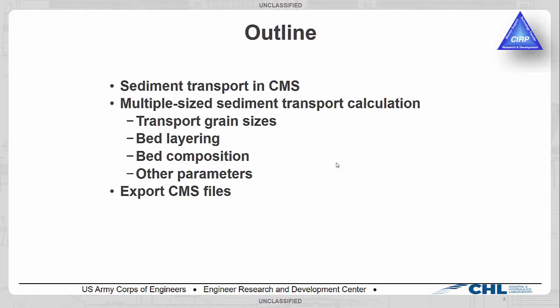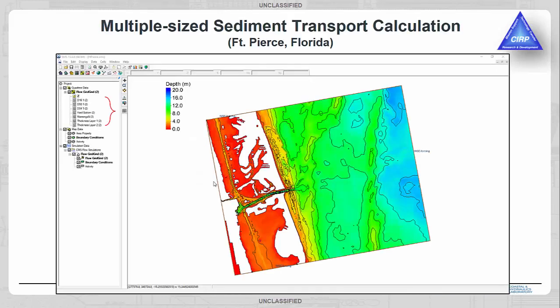Then when we set up CMS and set up the modeling simulation, we export the CMS file and make the model ready for real simulation. This is a test case I mentioned for multiple grain size sediment transport. On the left-hand side, there's a data tree.